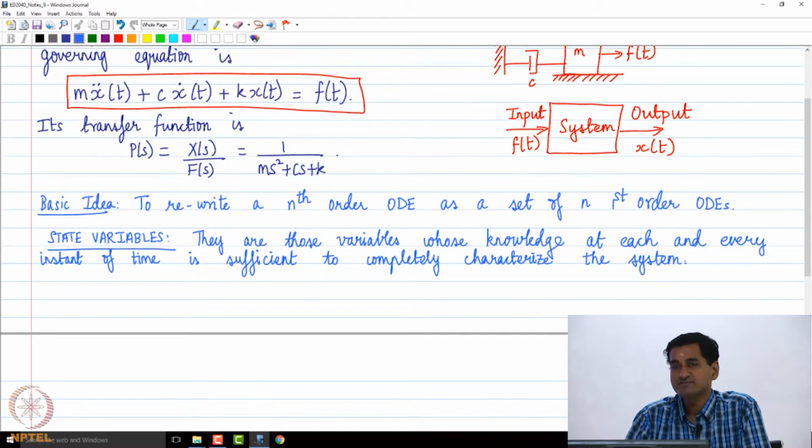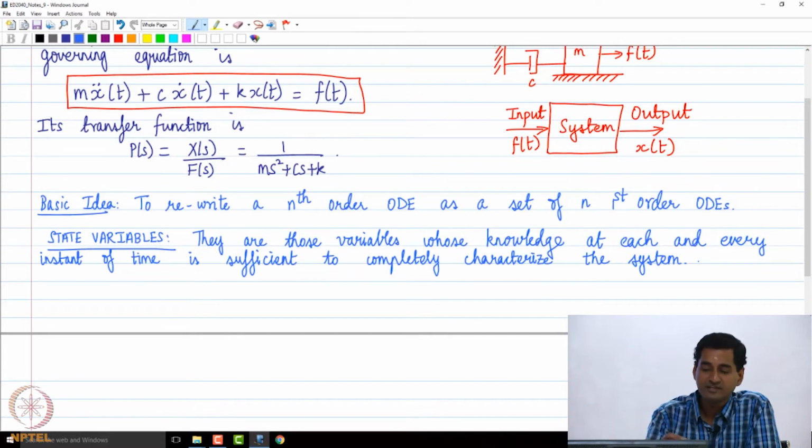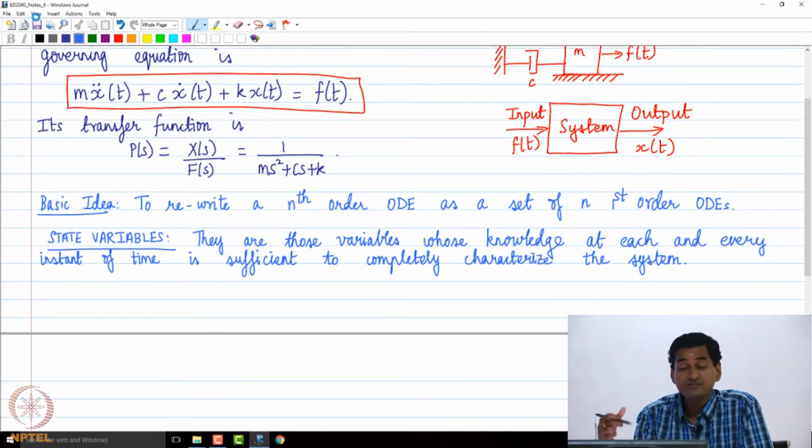As we discussed, in this particular mass spring damper system, I could take the displacement of the mass and the speed of the mass as the two state variables to characterize the system. We are going to use that to our advantage. I am only going to give you a broad introduction to state space representation.